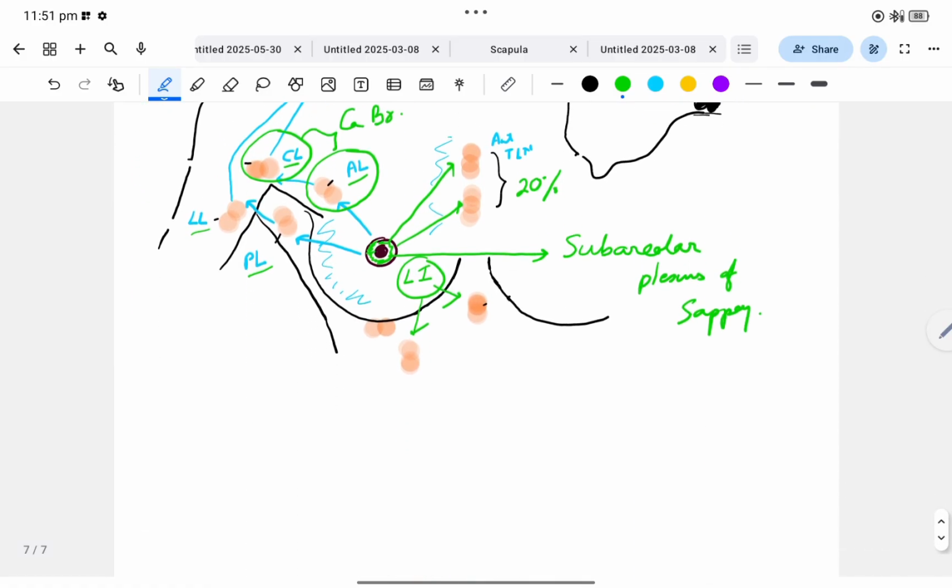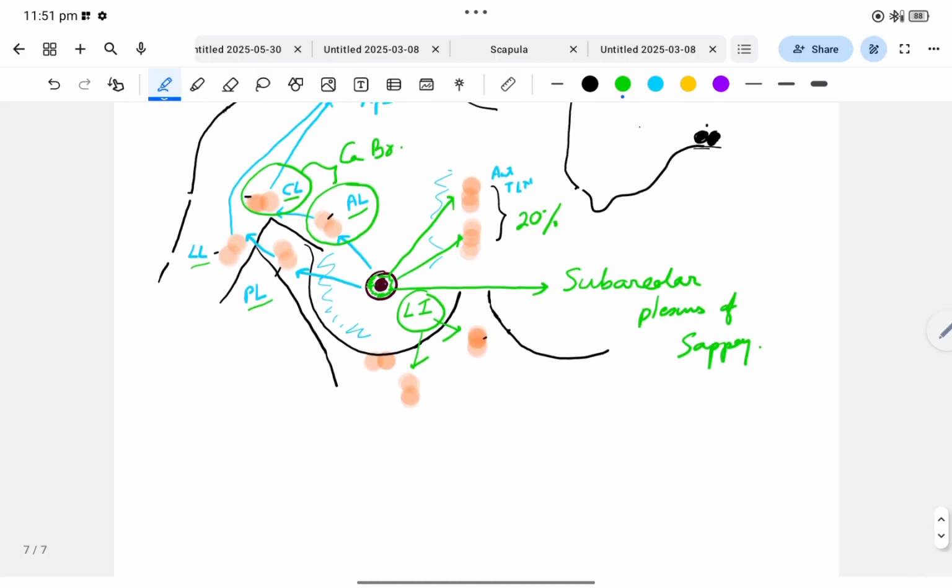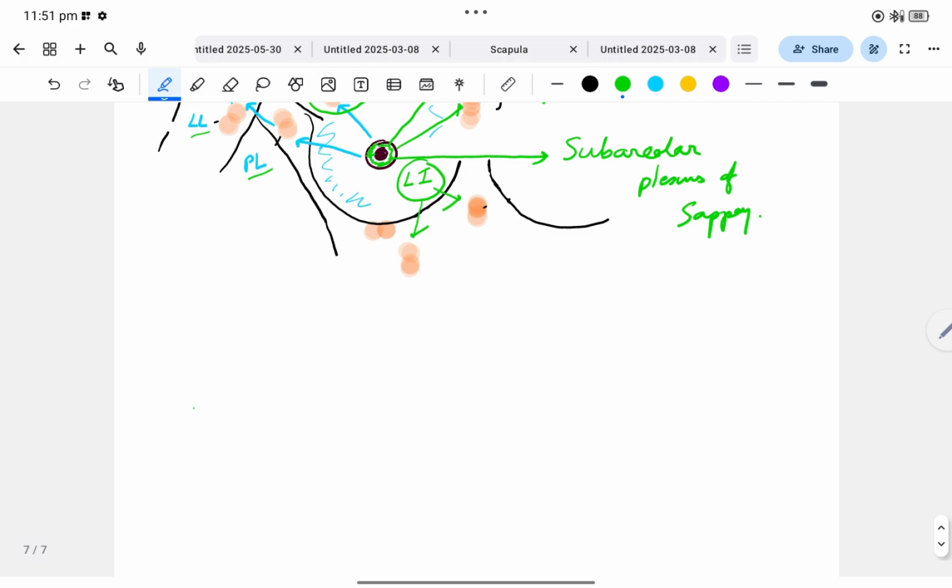Now we can understand them by drawing a flowchart. First, this is the breast. From here to the anterior axillary lymph node and posterior axillary lymph node.